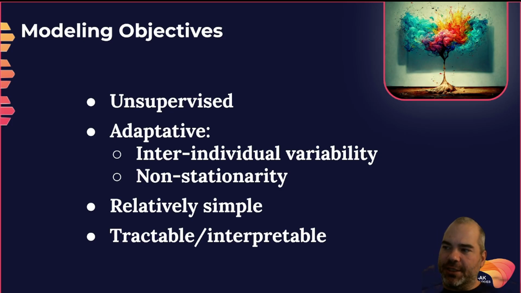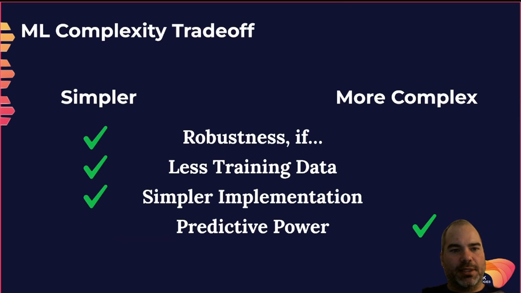Especially when we start with simpler hacks, we want something that we can debug, something that we can understand to guide us towards fixing the issues that we notice. So we want something that is tractable, interpretable, that when we see the results, we understand how the system got there. So this is the objective I set for this demonstration.